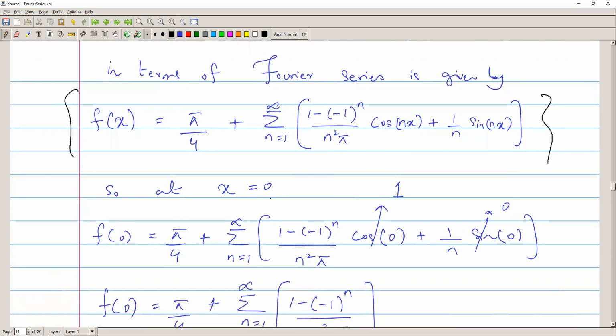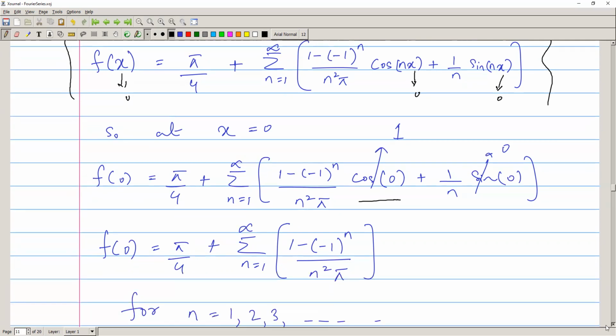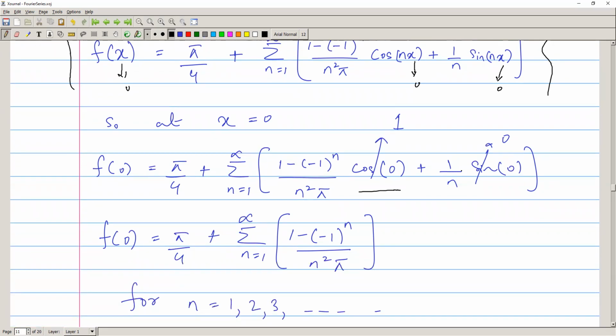Now at x equals 0, what will happen? We'll put 0 in place of x everywhere, right? So f of 0 is equal to pi over 4 plus the summation from 1 to infinity of (1 minus (-1)^n) over n squared pi times cosine 0 plus 1 over n sine 0. So cosine 0 is 1 and sine 0 is 0. So this whole term will vanish, and we will be left with only this term.